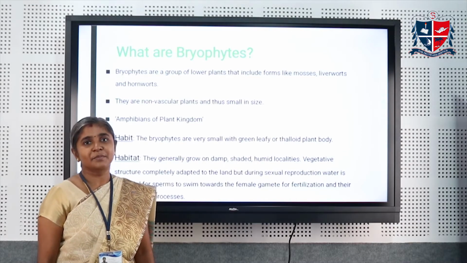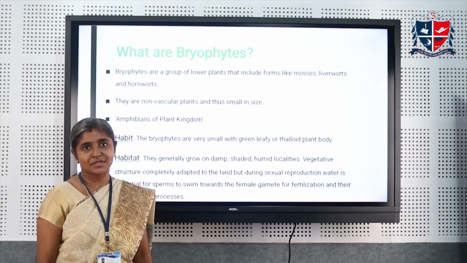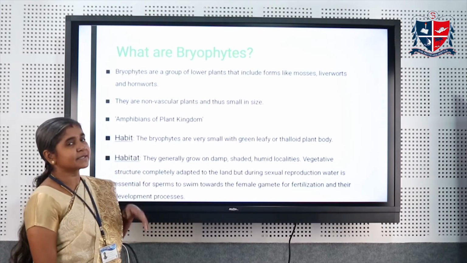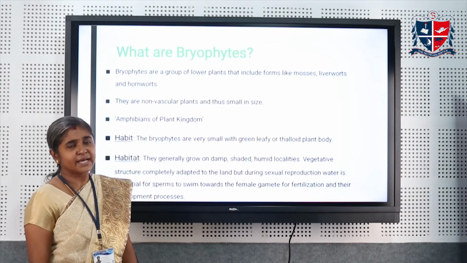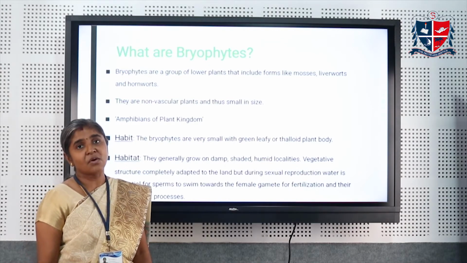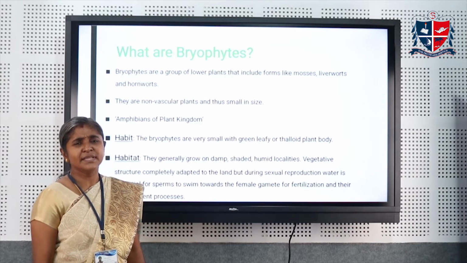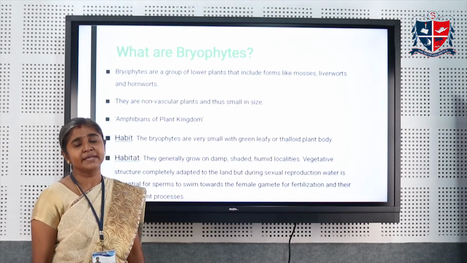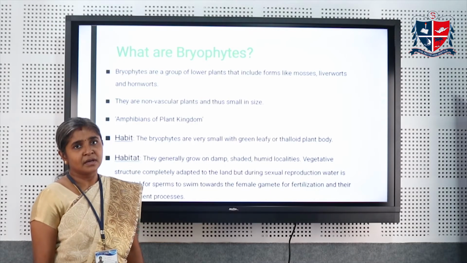Owing to the requirement of water as well as terrestrial conditions for survival, they are also referred to as amphibians of the plant kingdom. Coming to the habit, they are green in color and they can have a leafy or thallophytic nature. Regarding habitat, they can be seen growing in moist, shady and humid conditions.